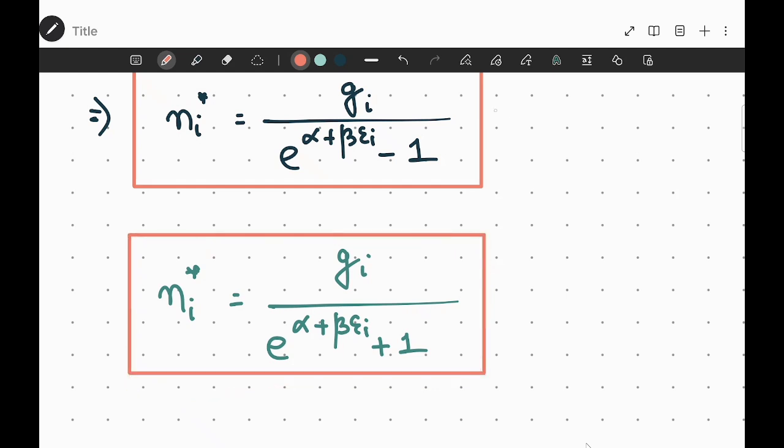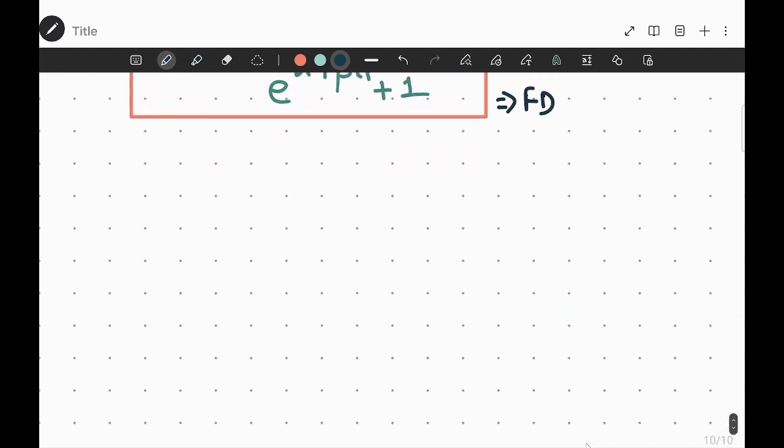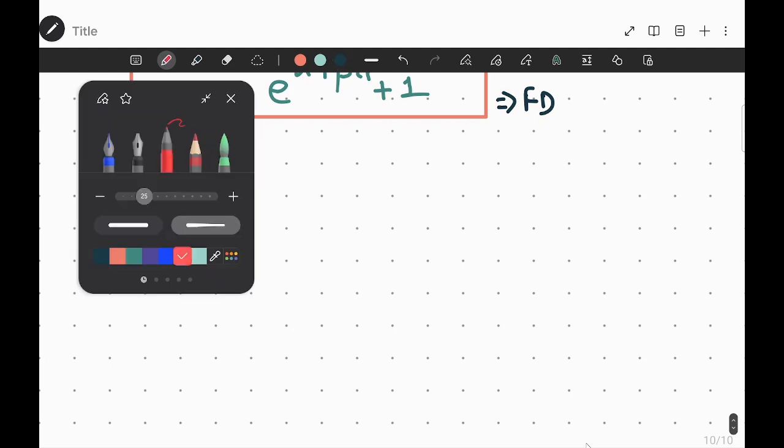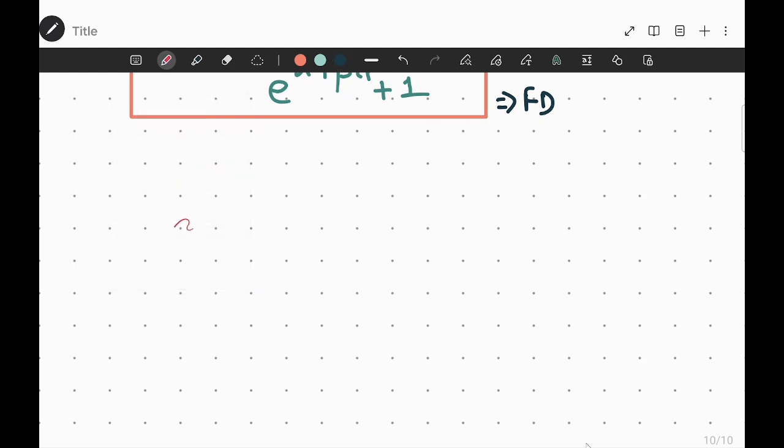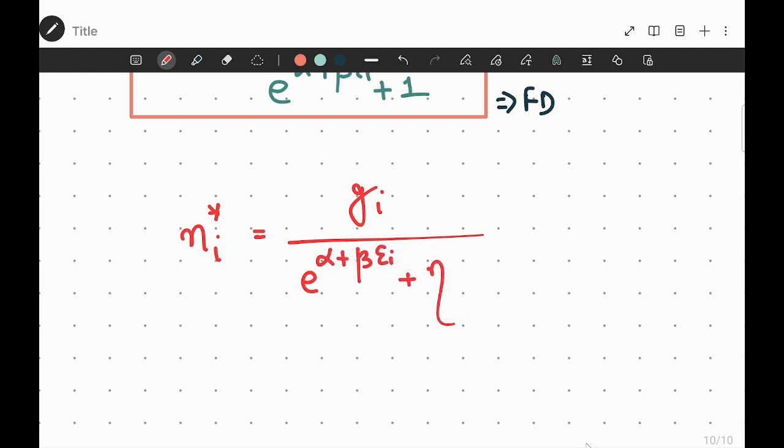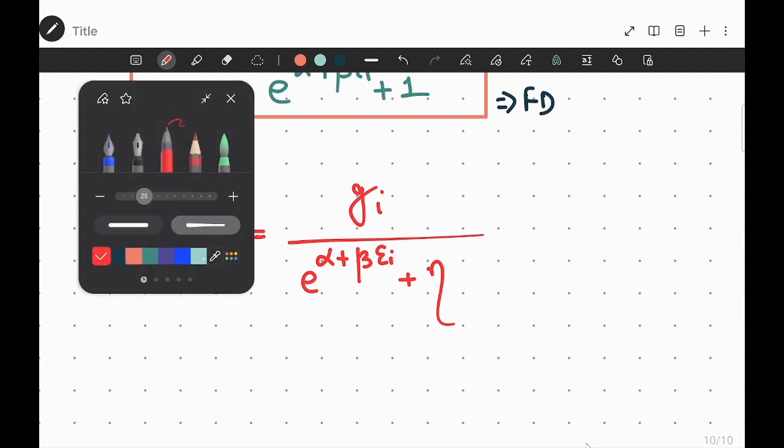This is for Bose-Einstein, and this is for Fermi-Dirac. So in general, if you want to write, it will be Ni star equals Gi divided by e to the power alpha plus beta epsilon i plus eta.